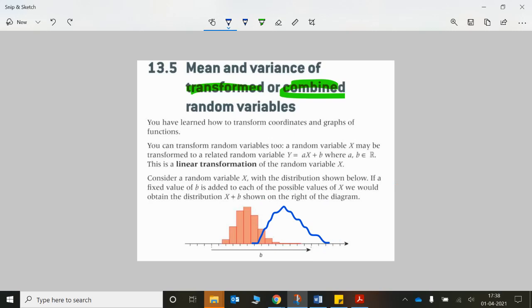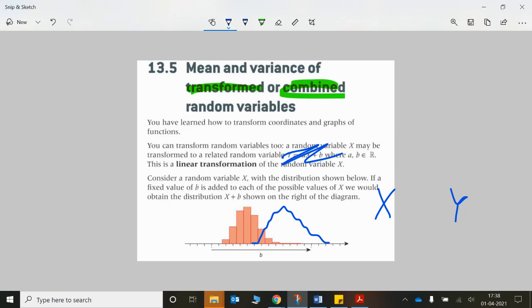So if we had, say, here's our maths results, here's our English results for the year group, and we can see the English results are on average higher. We could say, well, look, the maths results could be represented by X, and the Y is the variable for the English results.